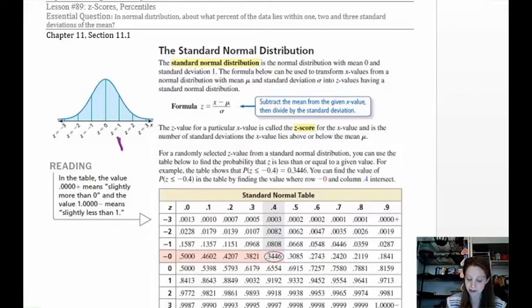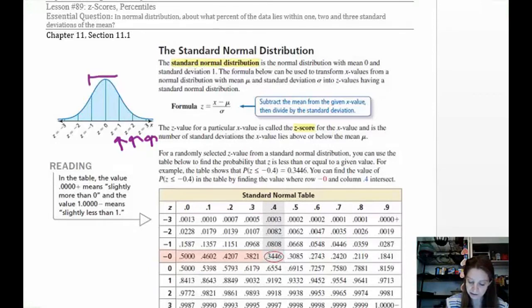So you can see here the z values above the mean are positive. So a z value of 1 is 1 standard deviation above the mean, 2 is 2 standard deviations above the mean, and 3 is 3 standard deviations above the mean. And if you go below the mean, then you have negative z values. The percentages stay the same.